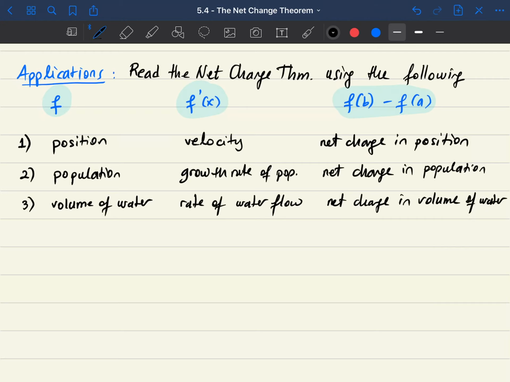And so on. So one more example maybe. So if you have that your quantity is the mass of a rod, then the derivative in physics, the derivative of the mass of a rod, if it's linear, is called the linear density. And the net change in the mass is called the mass of the segment.